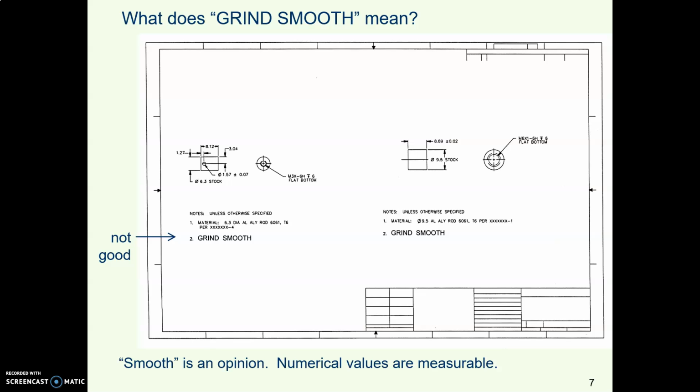This is not good. This is an opinion, and what you think is smooth and what your machinist thinks is smooth might be two entirely different things. So this is no good. We have to give them numbers. And remember, we need numbers that are measurable. We need dimensions.